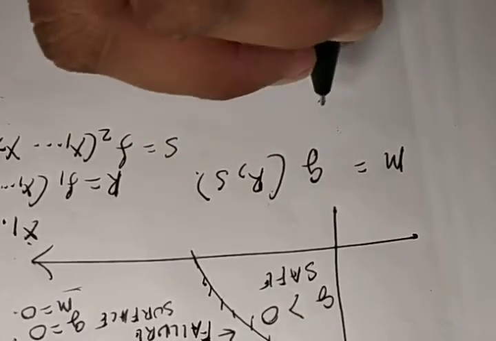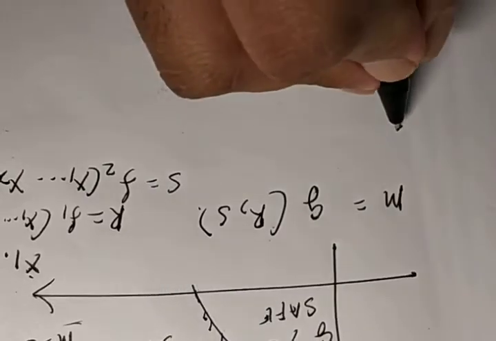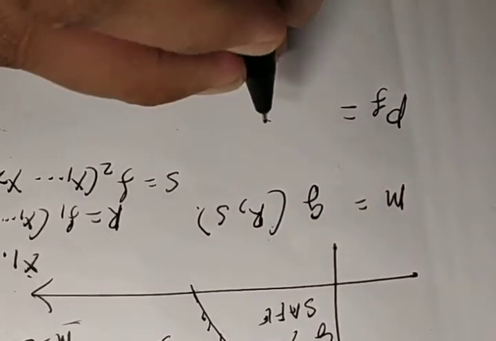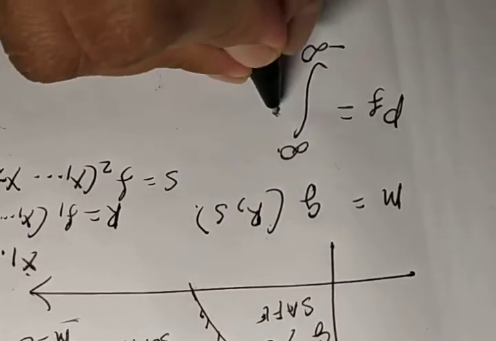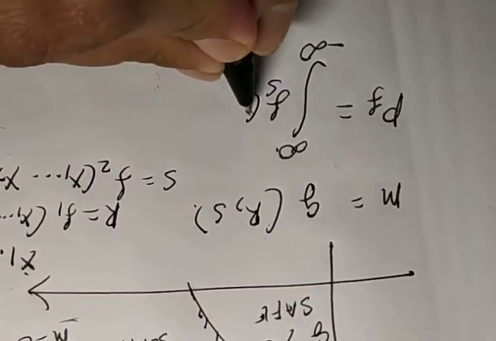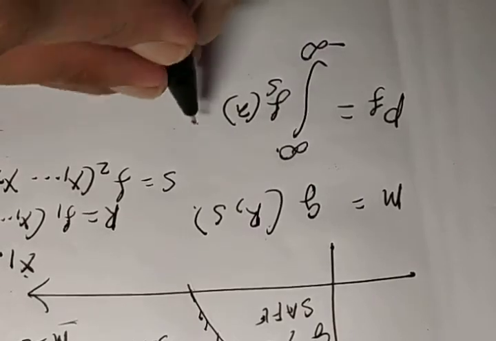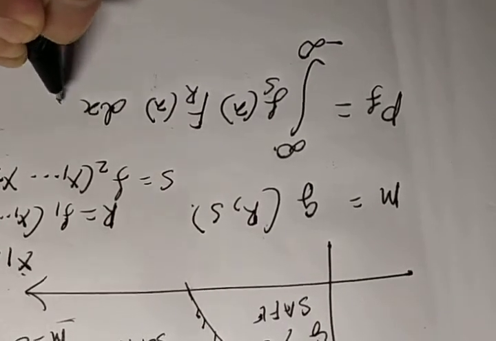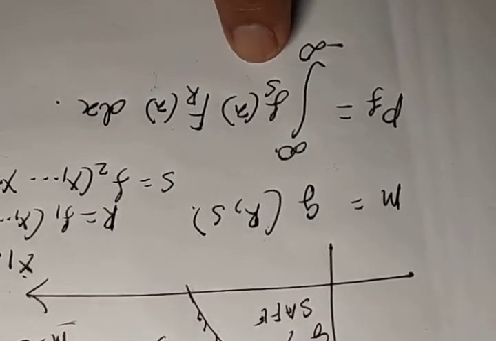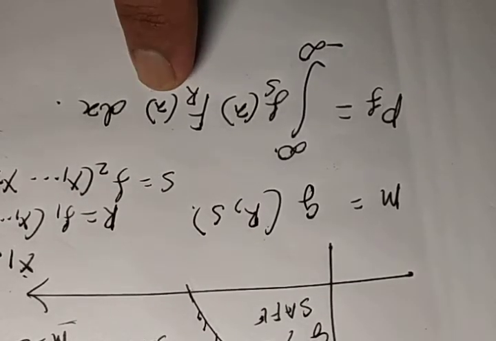Now we have studied in the previous unit that the probability of failure in such a case is the integral from minus infinity to plus infinity of Fx of S into fr of x. If you go back to your notes, you will find out how we derived this in the class, with fs of x and fr of x.